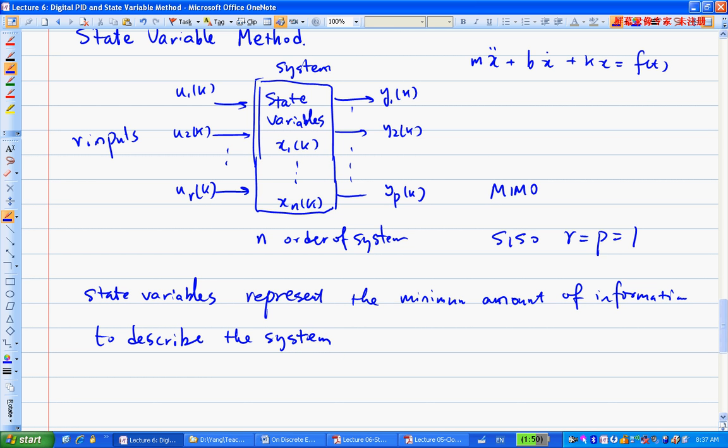We'll look at how to properly pick the state variables.